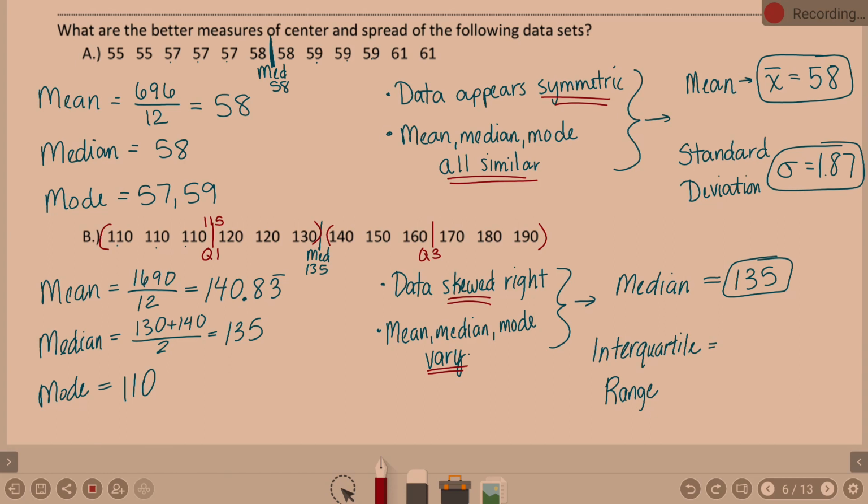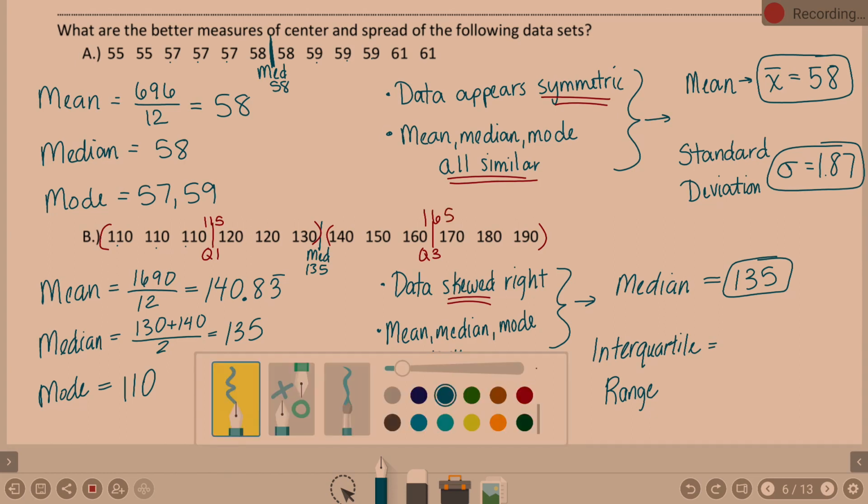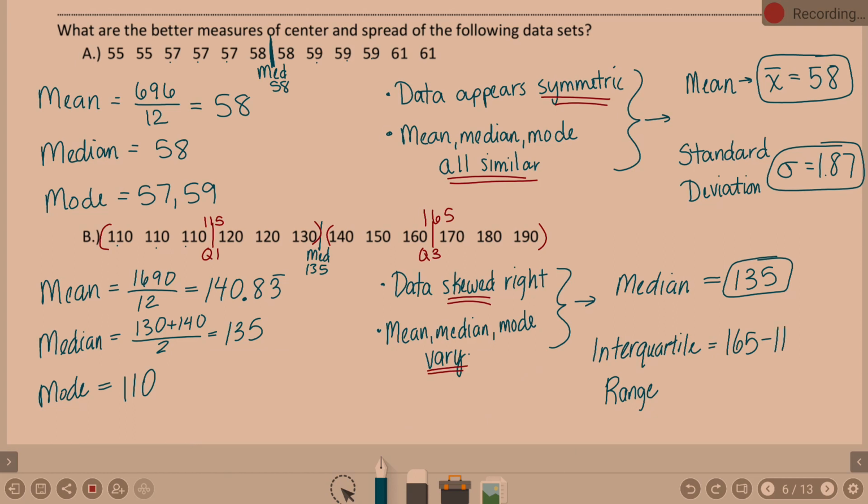I didn't write it down, but so, we're doing what? 165 minus 115, which is 50. We did that because we did third quartile minus first quartile. As I said, you often see me say Q3 minus Q1.